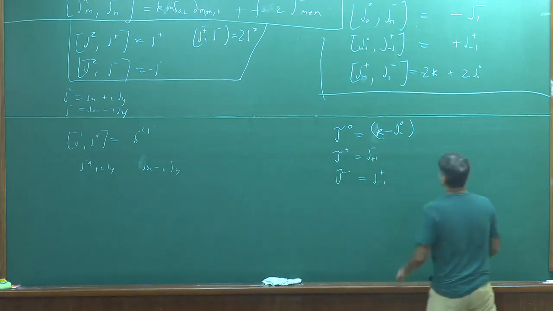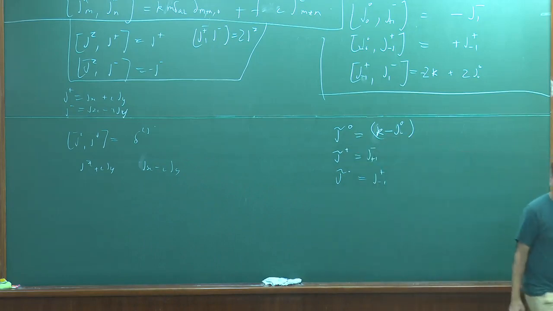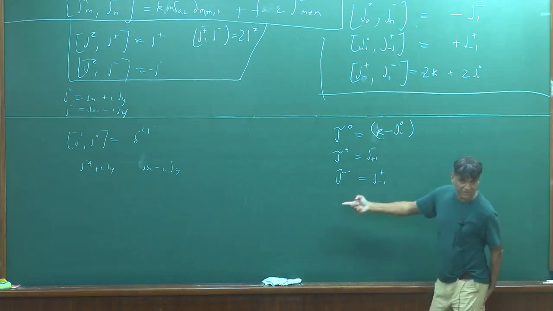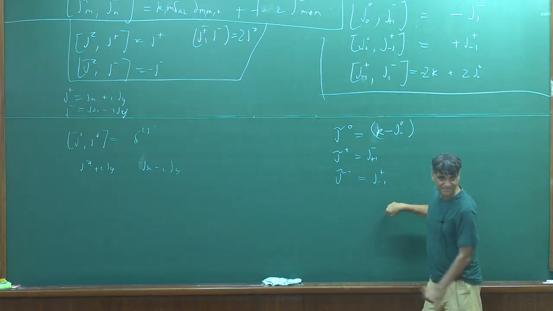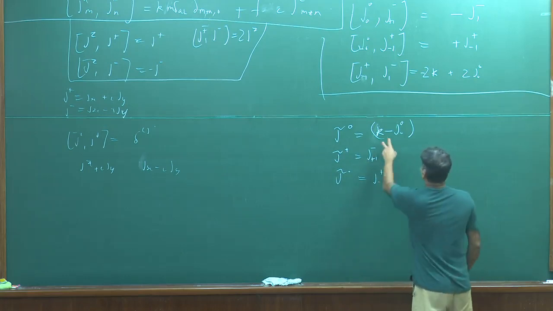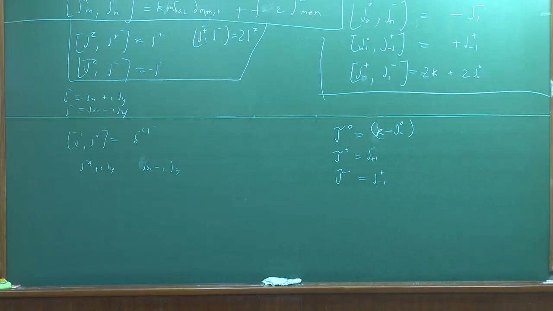You see, because I flipped the sign of J0, if I want the SU2 commutation relations, I have to flip the role of plus and minus. That's why I've done this. And adding this extra k doesn't add anything to the commutation relations because k is a constant.